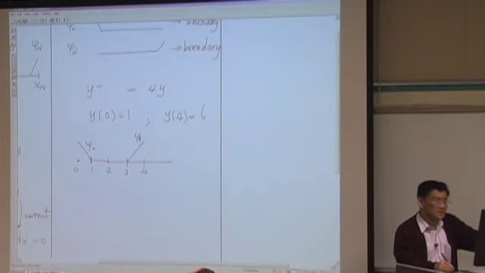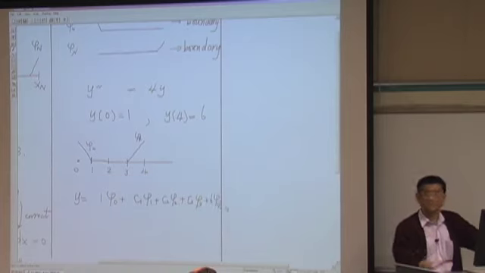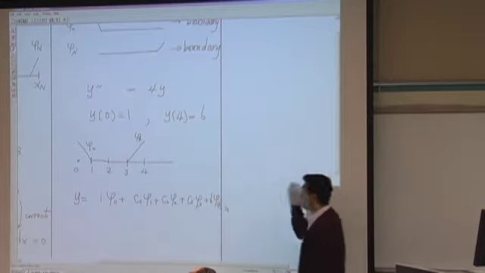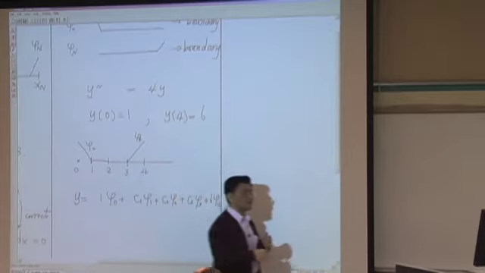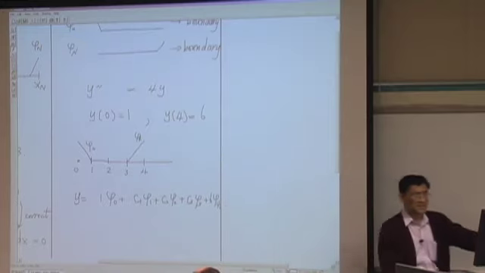So the solution is given by this. By boundary condition, 1 times phi0, and then c1 times phi1, c2 times phi2, c3 times phi3, and then 6 times phi4. Up to this point we covered. We know what y is. Then let's plug this in.